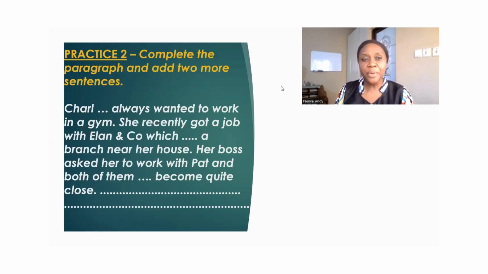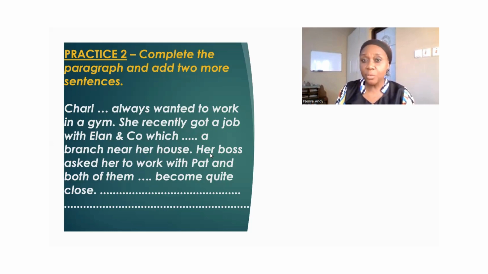So for this second practice, I expect you to do this on your own. And if you have any comments, put below. We're going to complete this paragraph and add 2 more sentences. Charles, one person, has always wanted to work in a gym. She recently got a job with Ellen & Co. Ellen & Co., one company which has a branch near her house.